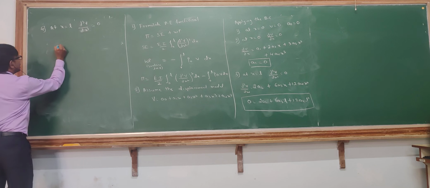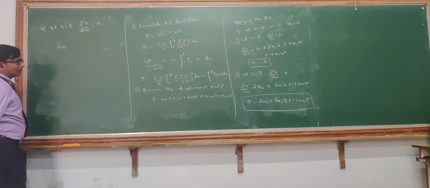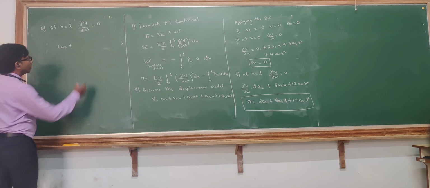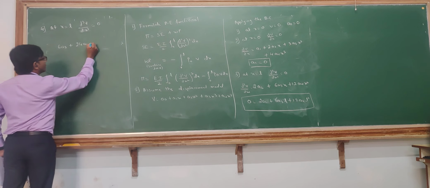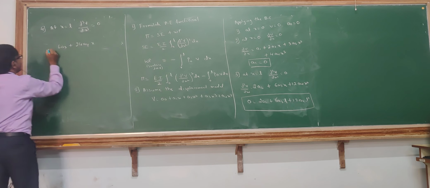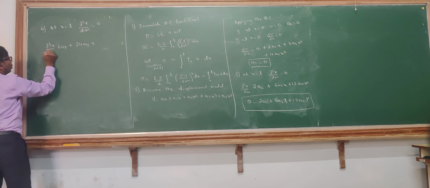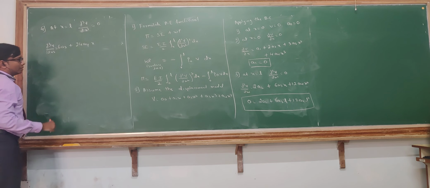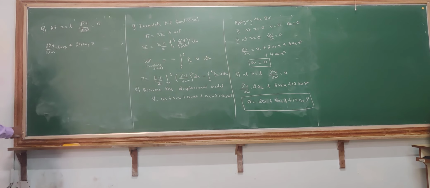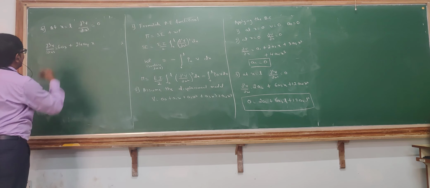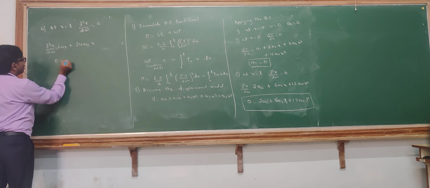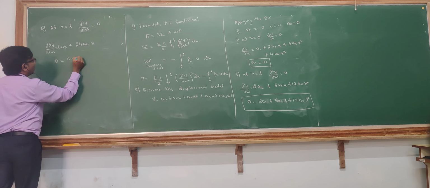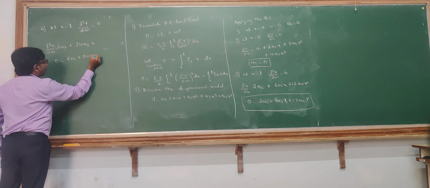You'll end up with 6a3 plus 24a4x, which is ∂³v/∂x³. Okay, that is 6a3 plus 24a4x. So I'll apply the boundary condition now. ∂³v/∂x³ is 0, so this is 6a3 plus 24a4L.